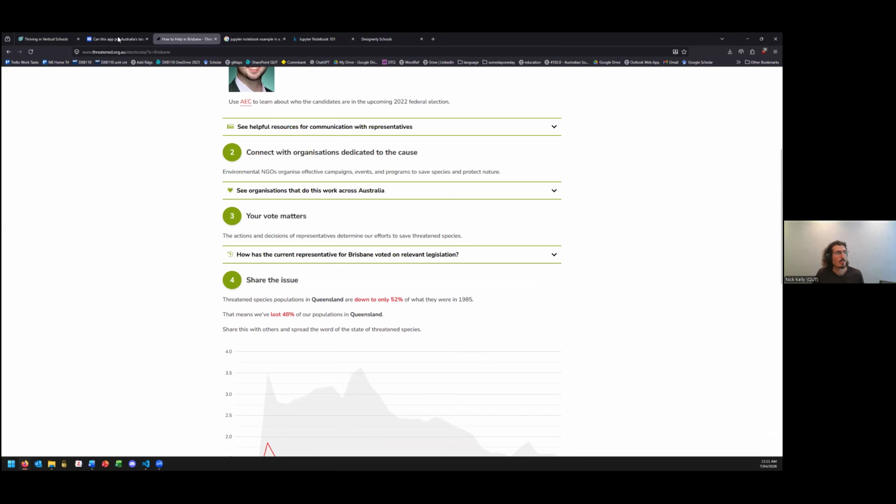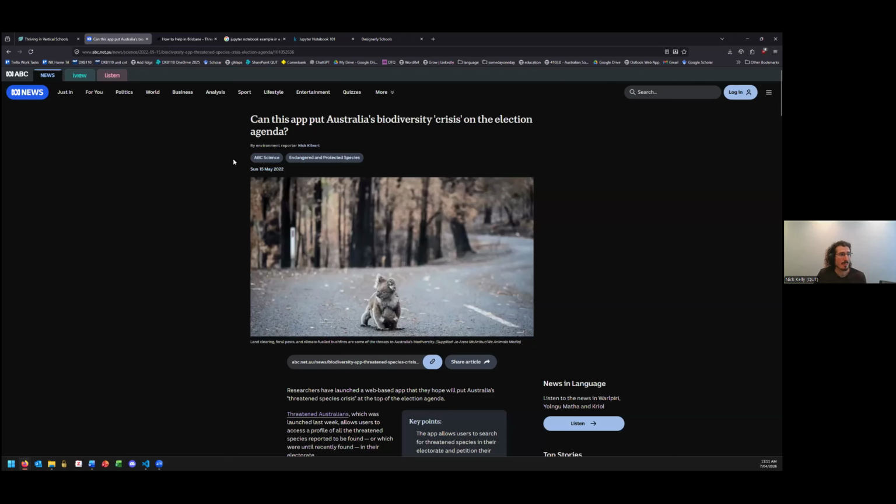What's interesting about this is that this project explicitly aimed to take scientific data, use interaction design to make a website out of that data, and then to get some impact. So this was around the 2022 election.